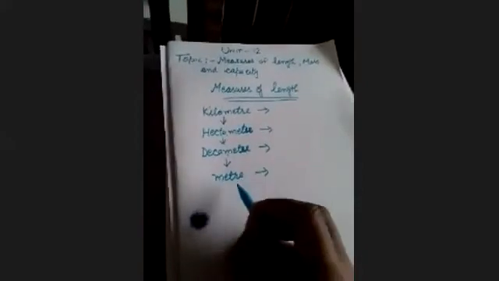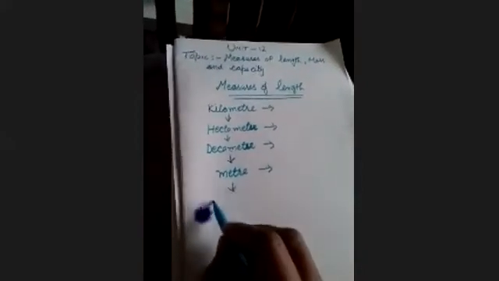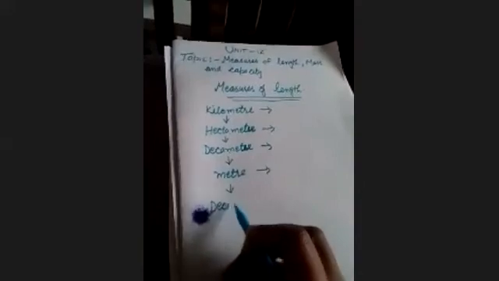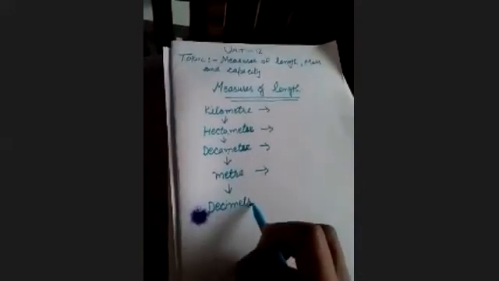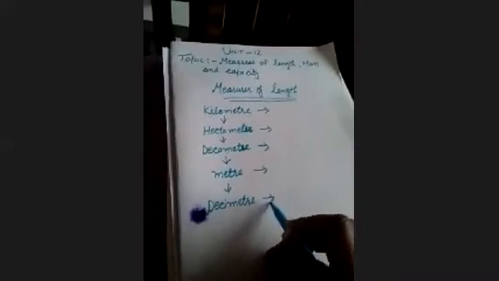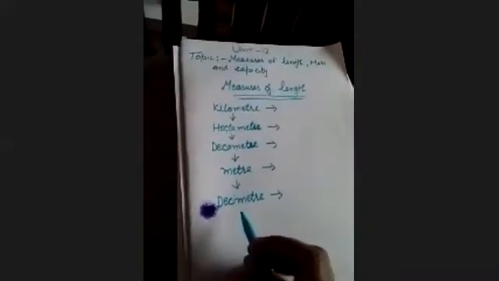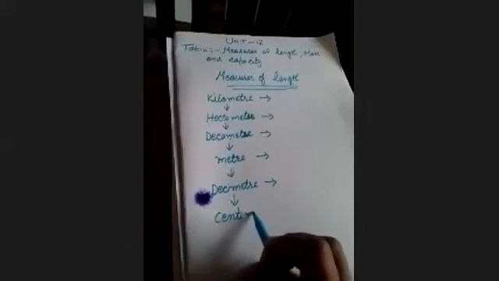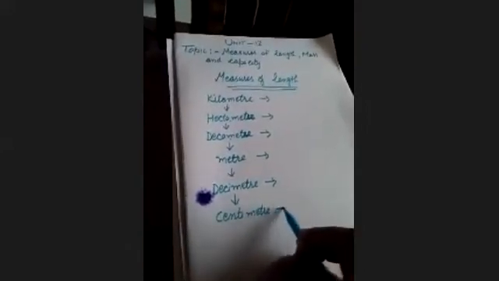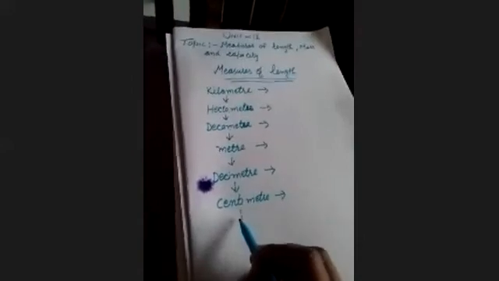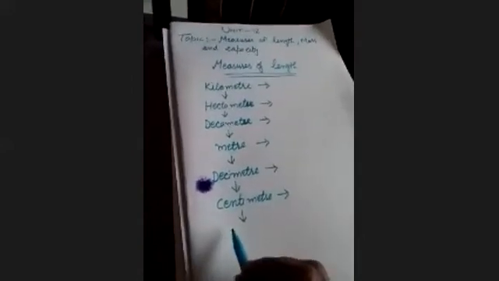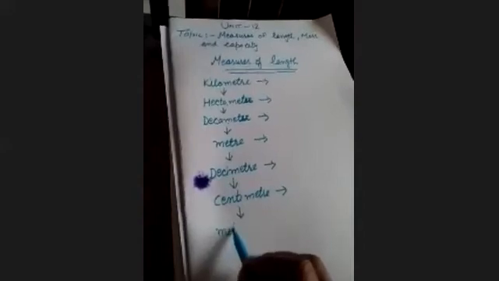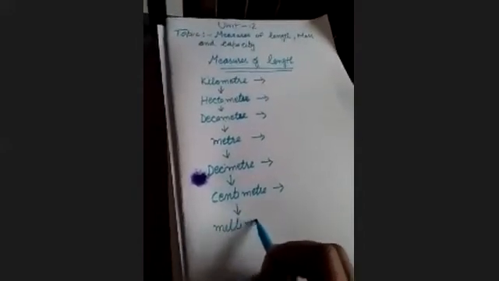After meter is decimeter, then centimeter, and the smallest unit is millimeter.